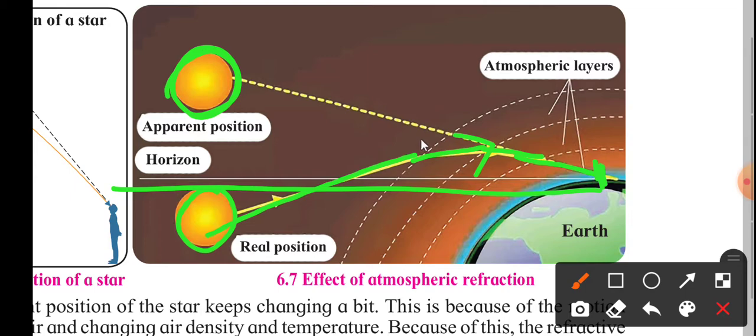We observe that the sun is still there, but in real timing the sun will already have set in the west, below the horizon. So the actual sunrise and sunset timing is earlier than what we observe.